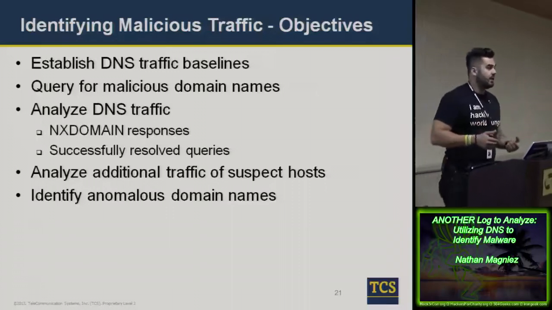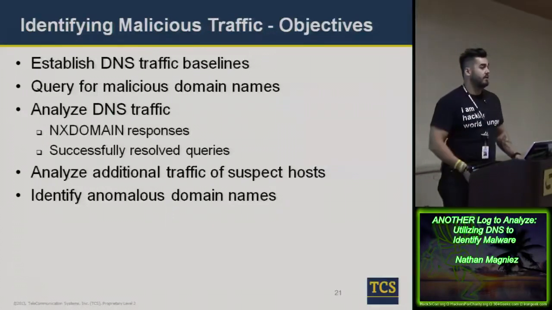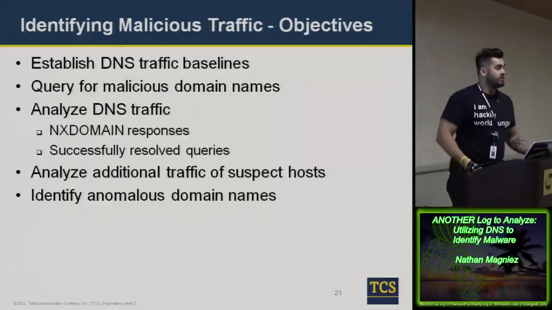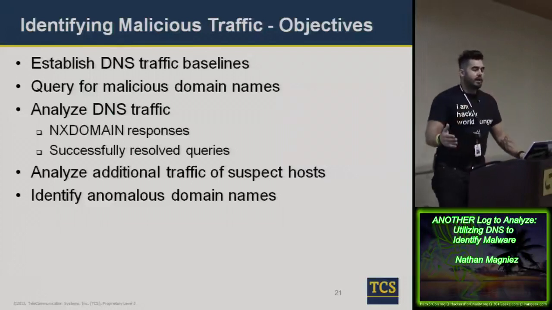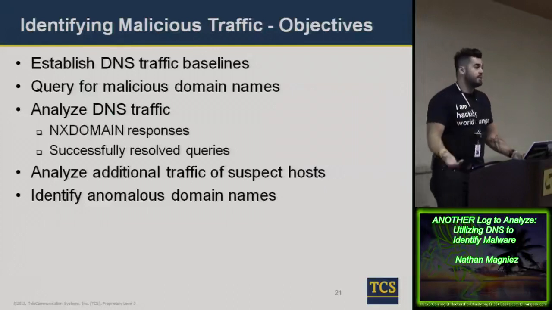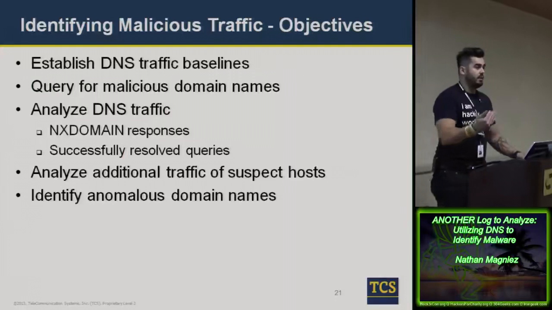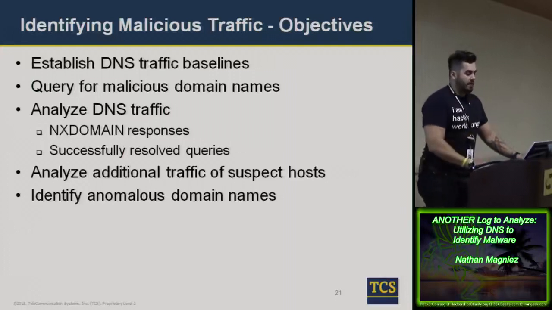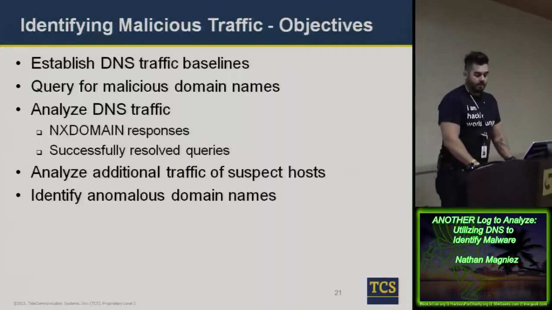Because like I said, one out of those 10 that fail is actually going to be successful. So we need to identify what is anomalous and what's normal. If we identify a host, we need to analyze additional traffic from that suspect host and try to see what else it's doing, and try to start to see pattern analysis on that. And then specifically, we'll talk about how to identify what is anomalous for a domain name.